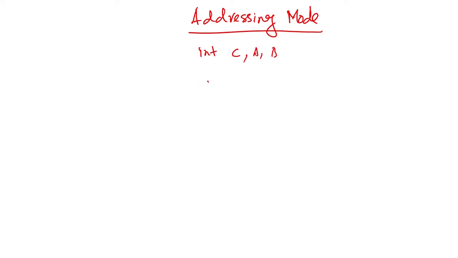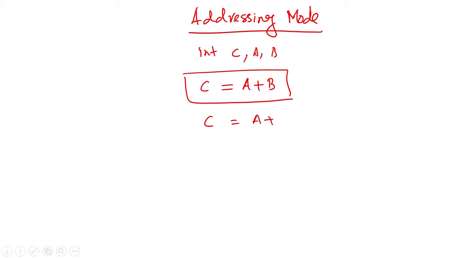Then what do we do? C equal to A plus B. This is one addition operation. Sometimes we can write C equal to A plus 8. This is also an operation.